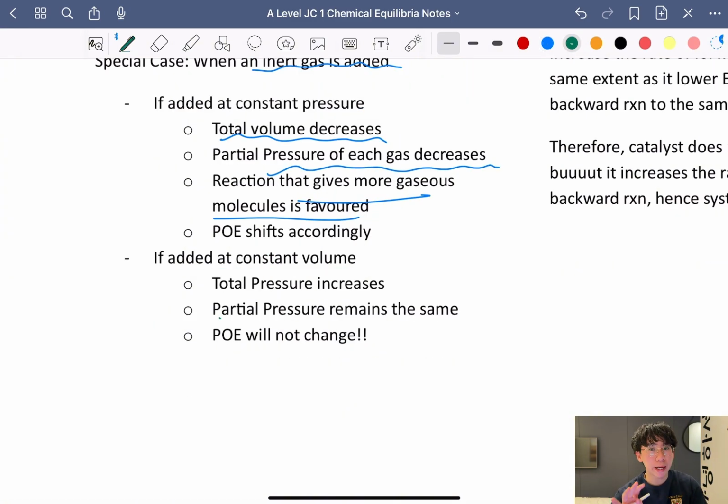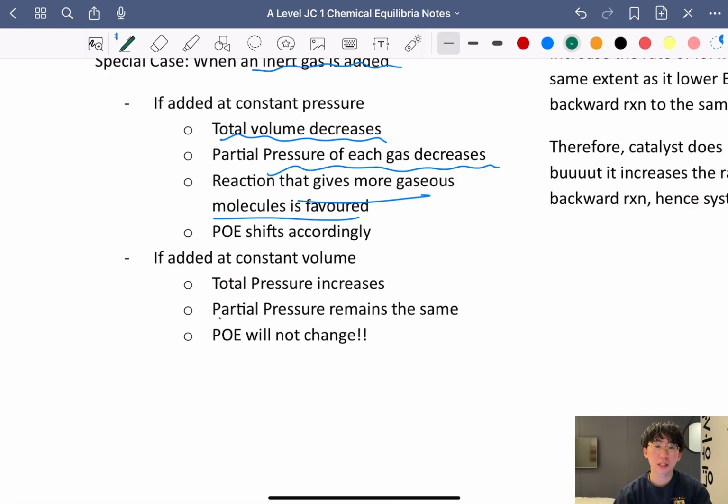However, if I add my inert gas at constant volume, the total pressure would increase. This is because if you imagine a closed system with gaseous molecules inside, and I add an inert gas, there's naturally going to be an increase in pressure within the system.